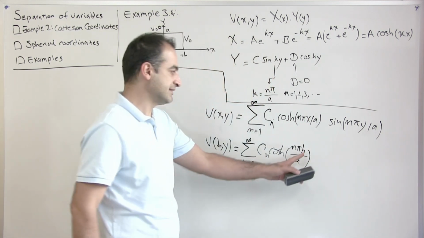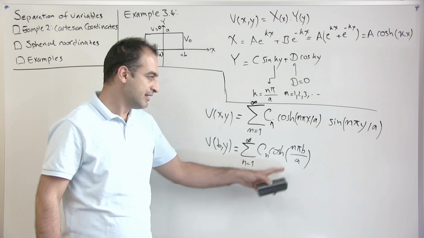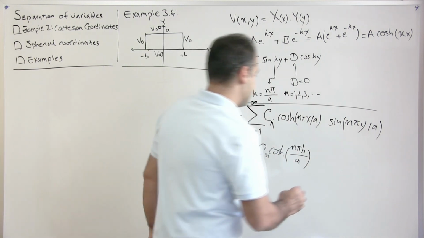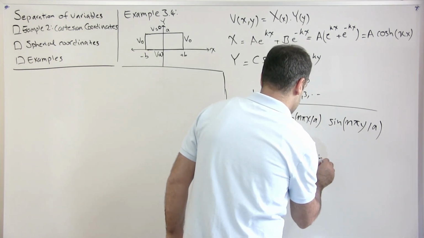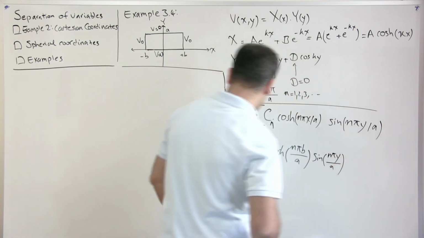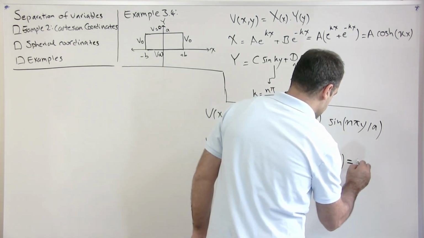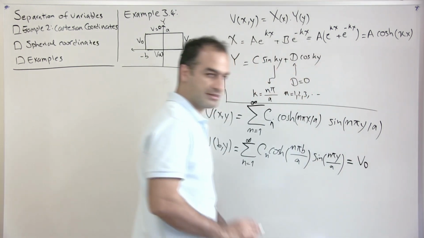Here x is b, so technically this hyperbolic cosine is now a constant, times sine n pi y over a. This is the boundary condition at b, and that has to be equal to the constant v0.